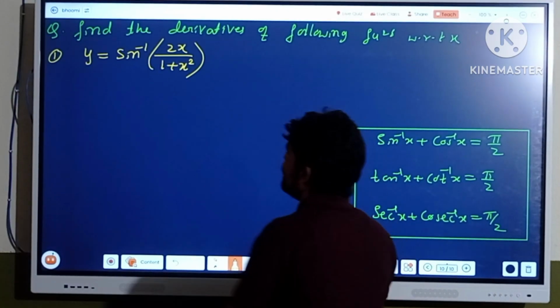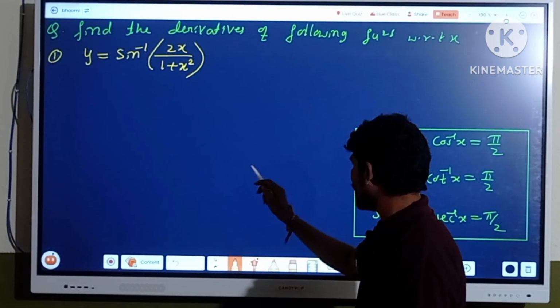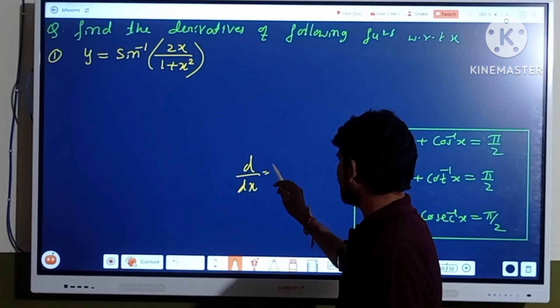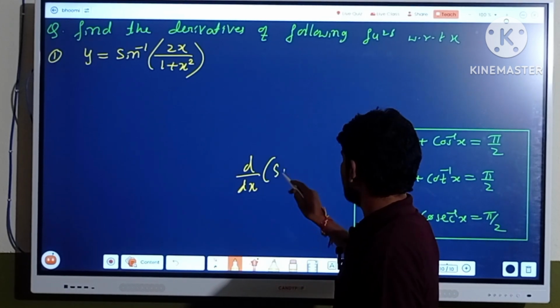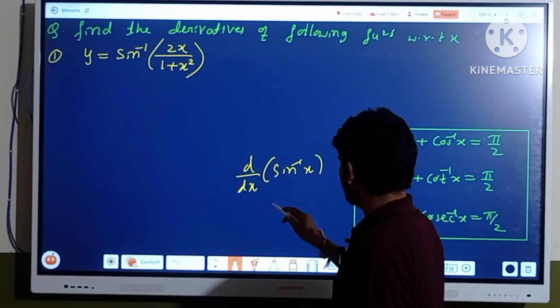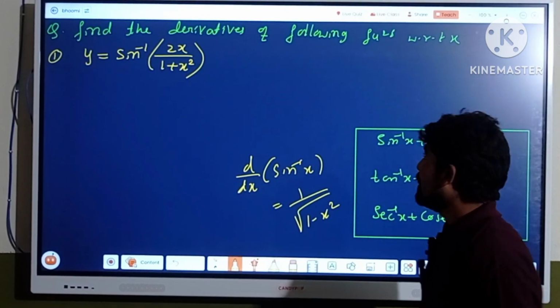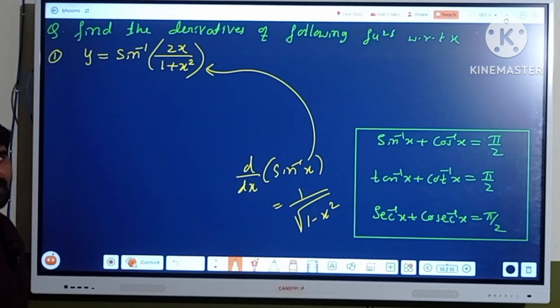So observe here, y equal to sin inverse of something. So we know the formula for derivative of sin inverse x. So what is the derivative of sin inverse x? Derivative of sin inverse x is equals to 1 divided by square root of 1 minus x square. But here x is in u by v form.